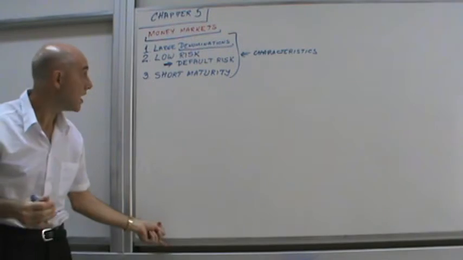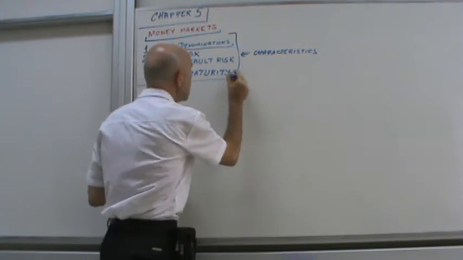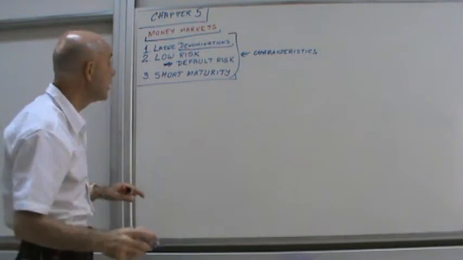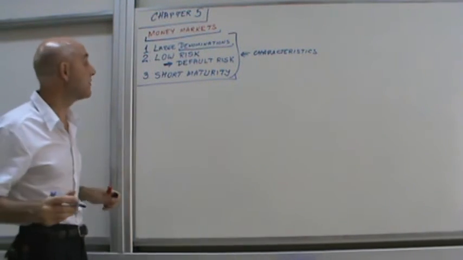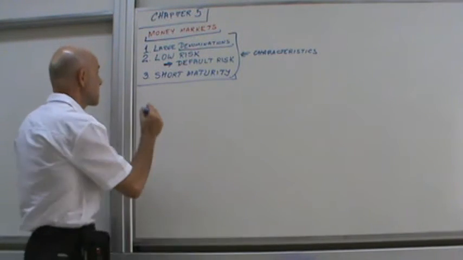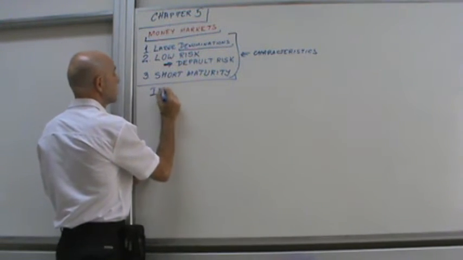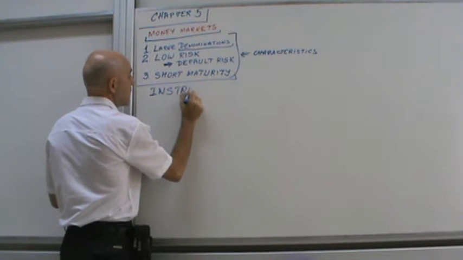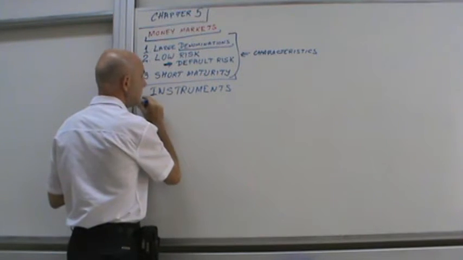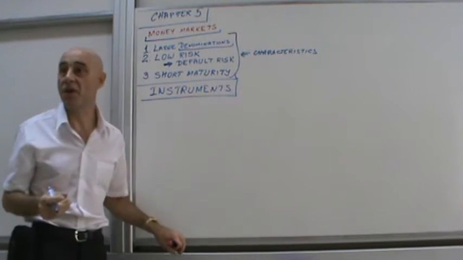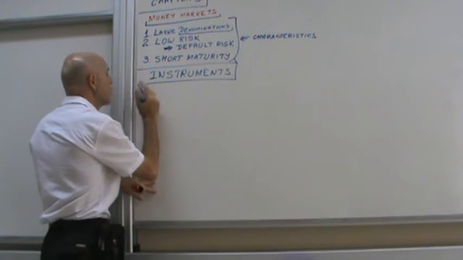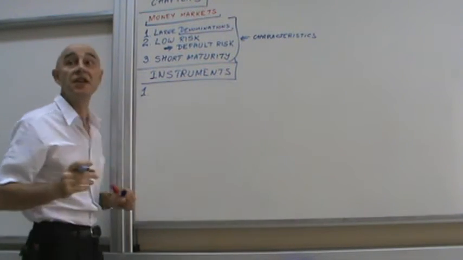Okay? And now we get to discuss, in the textbook, table 5.2, money market instruments. We say money market financial instruments, and we cover exactly 6.